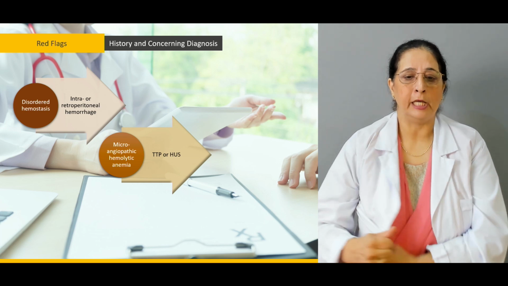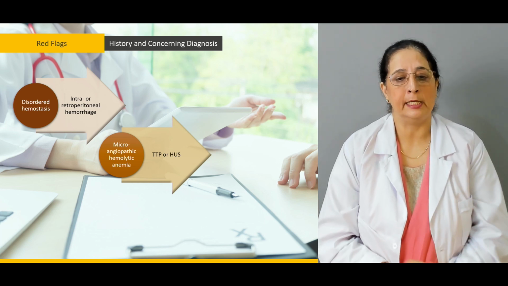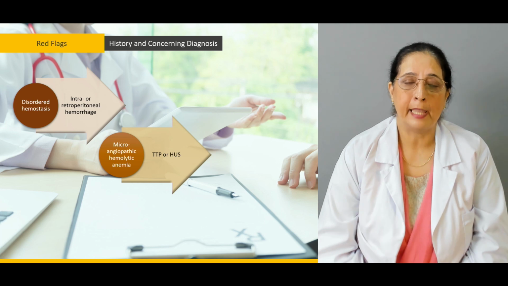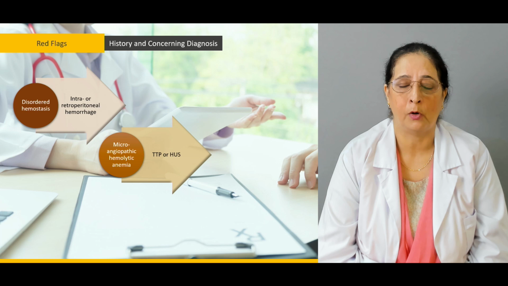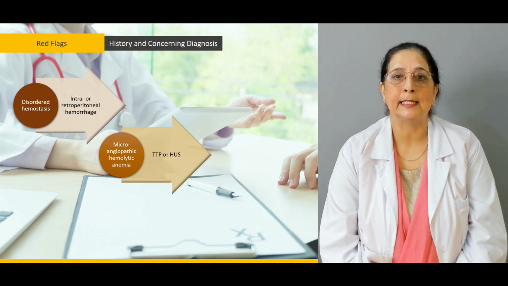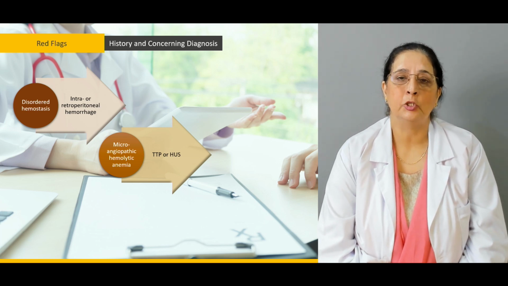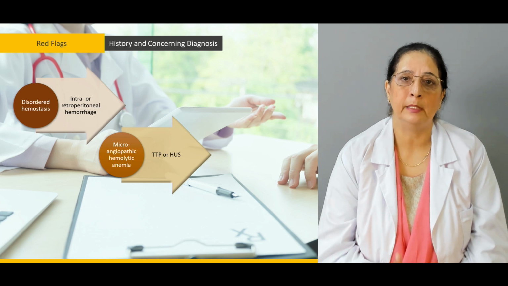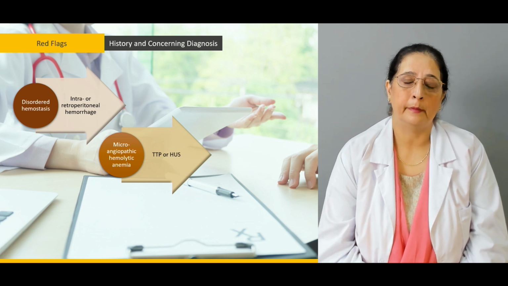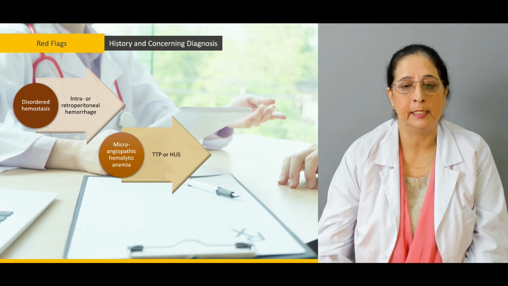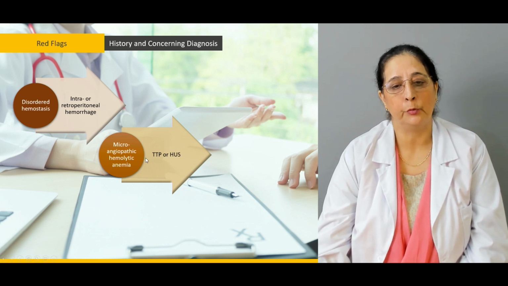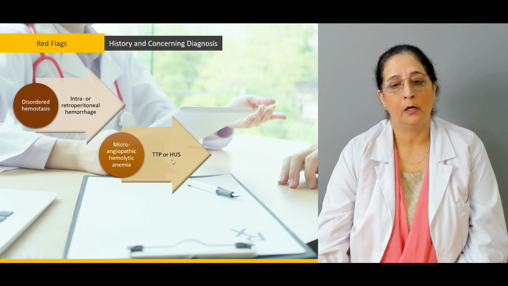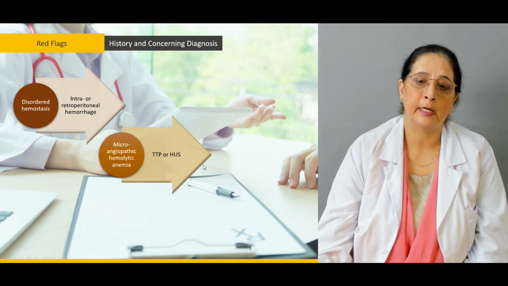Then microangiopathic hemolytic anemia. Microangiopathic, small blood vessels are involved and there is hemolytic anemia as a result of hemolysis or breakdown of the blood, and this is usually due to thrombotic thrombocytopenic purpura or hemolytic uremic syndrome.